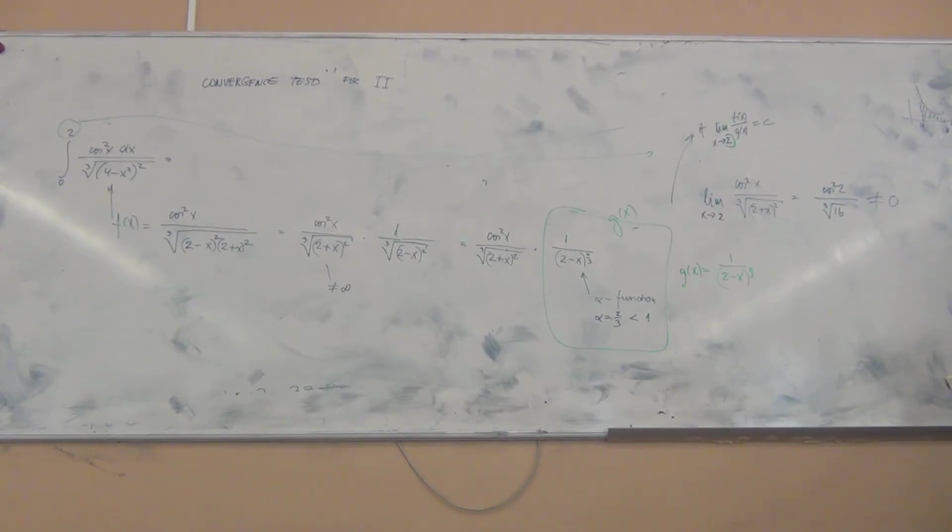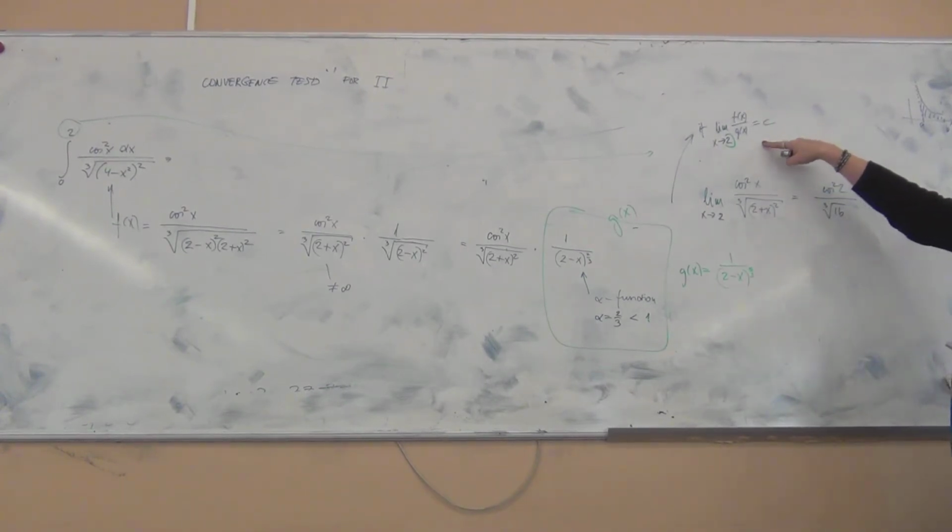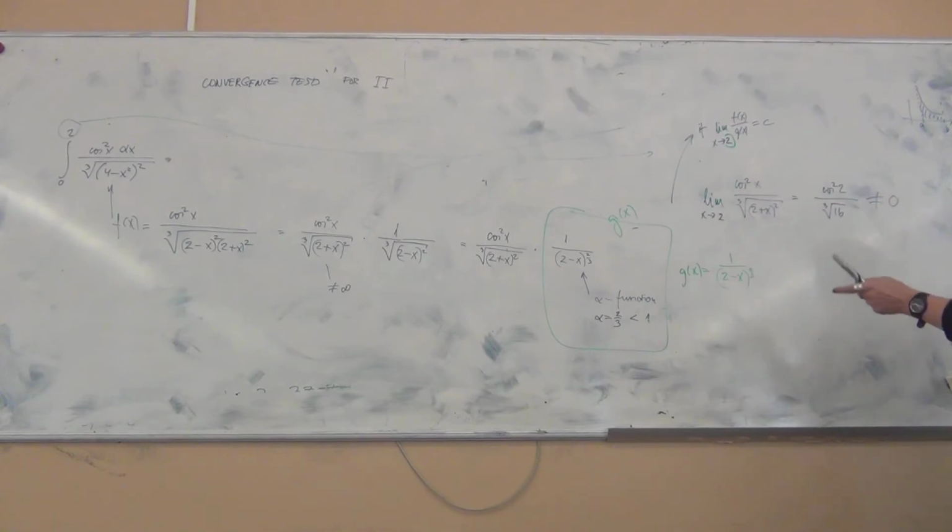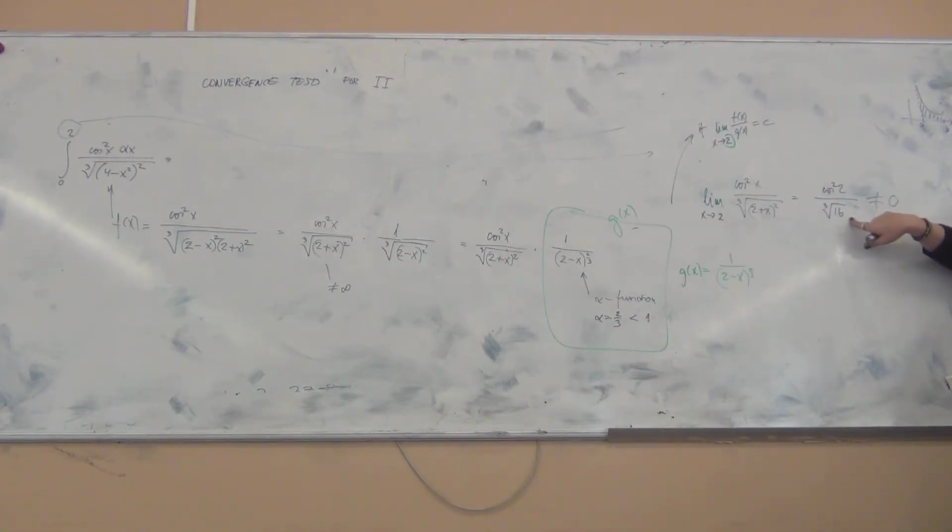So now I can say that because the limit of the ratio of the given function and my g function is a constant, whatever constant except 0, the integrals of the g function and of the f function behave similarly.